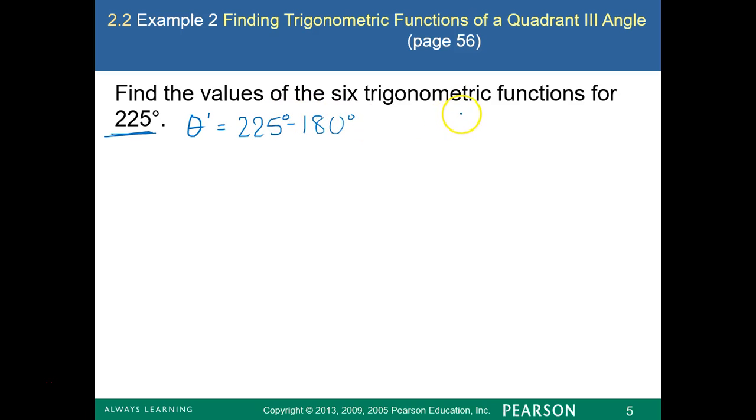I'm going to go ahead and state over here that this angle is in quadrant 3, because we've got to remember that for something later in finding the 6 trigonometric function values. All right, so this reference angle is equal to 45 degrees.